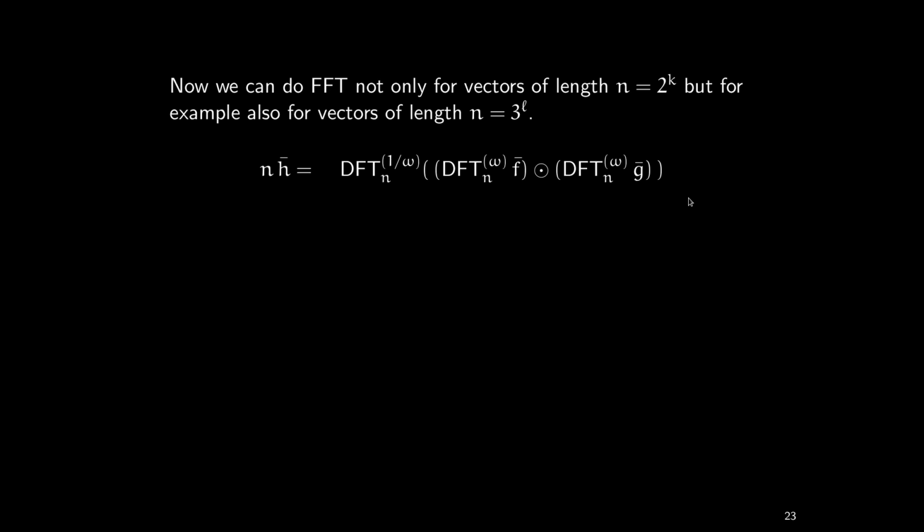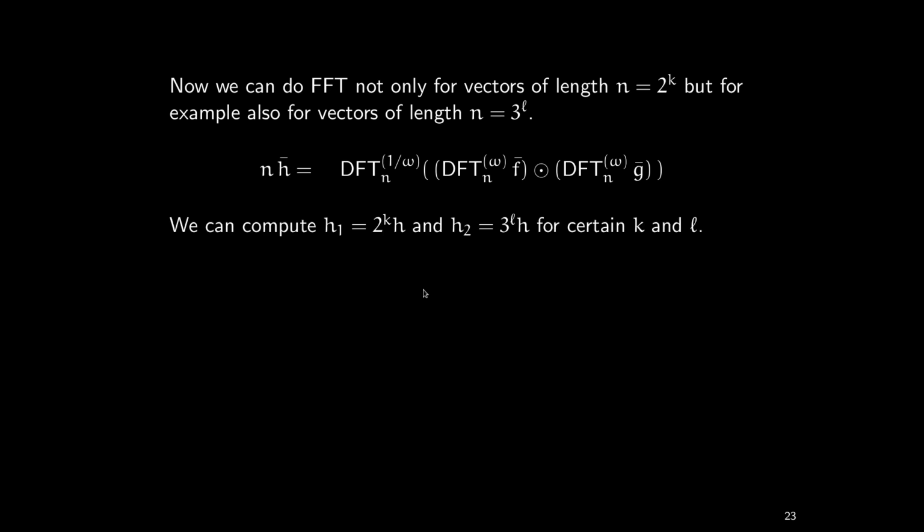This is because we checked when we proved the lemma that the DFT times the DFT with 1 over omega as root of unity is n times the identity matrix. So if I don't divide out the n, then it just shows up on the other side. So I can always compute n times what I want.